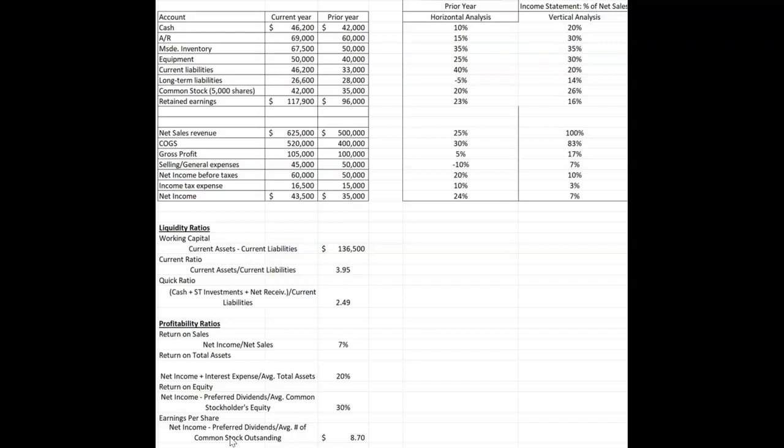I hit the wrong button. 115.2 divided by 46.2. I get 2.49. Yeah, and that's what it is. So in this case, they did not include inventory in here. I'll look at the problem and see if there's something special about it, but I think it should be there, but it's okay.